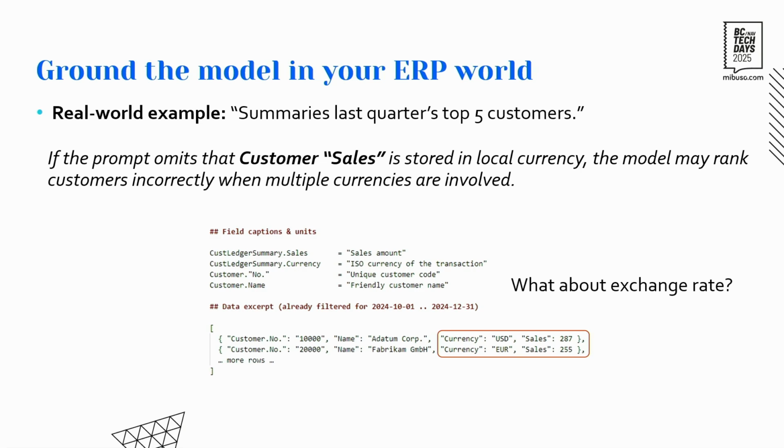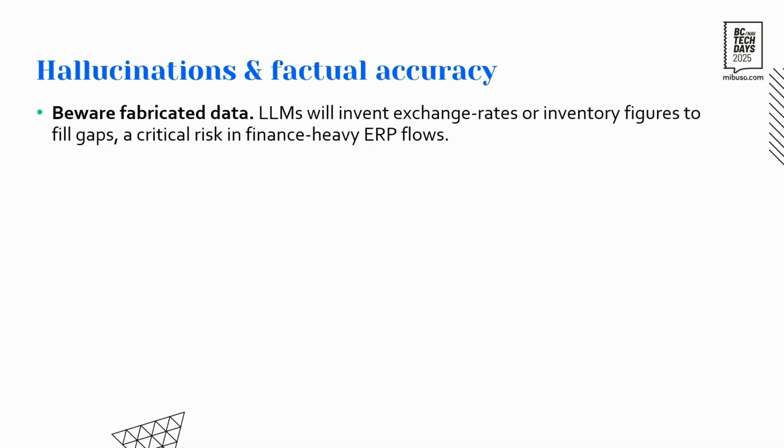This also brings us to the next challenge that I want to talk to you about, which is hallucination and factual accuracy. As soon as you have some gaps in your prompt, the model will try to fill those up. So in the example that I just shared, since we didn't provide the authenticated source or the exchange rate, the model will come up with some kind of exchange rate and give you some response.